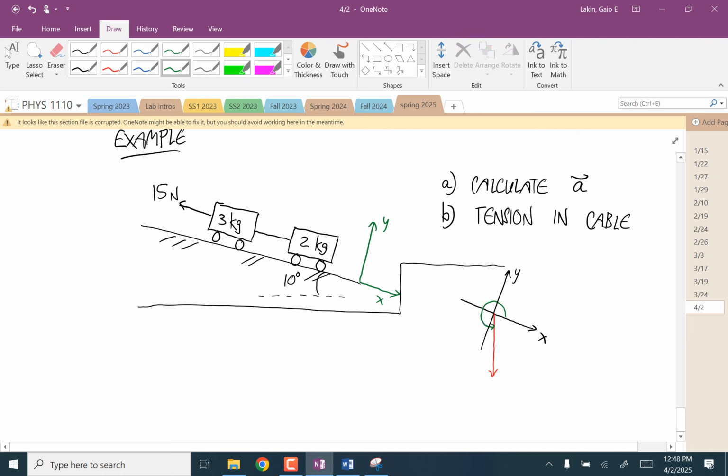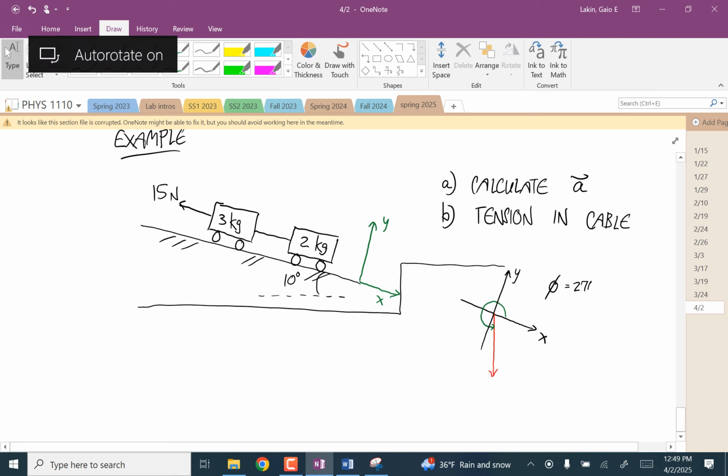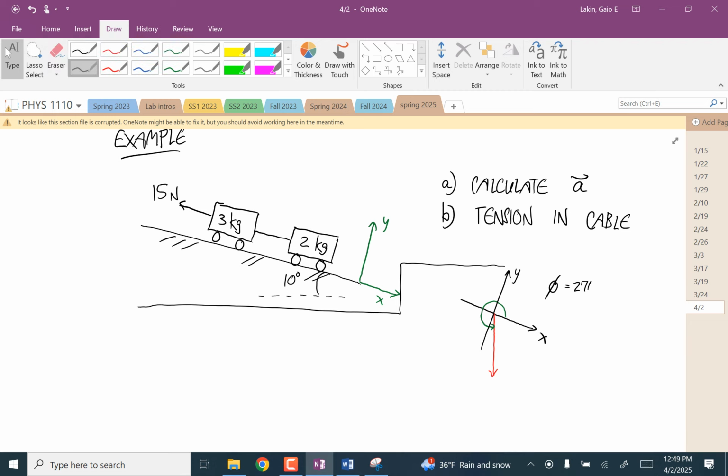So is it 270 plus 10 or 270 minus 10? Plus, yep. So 270 plus 10 degrees, or 280 degrees.